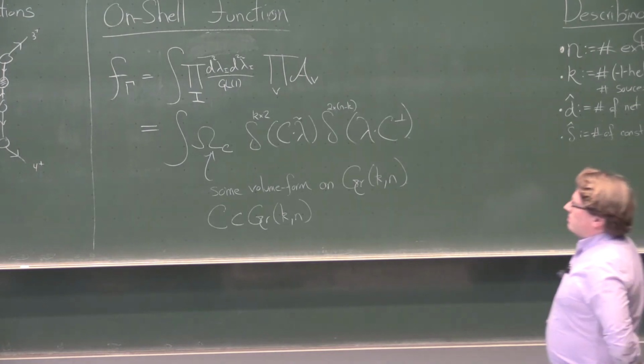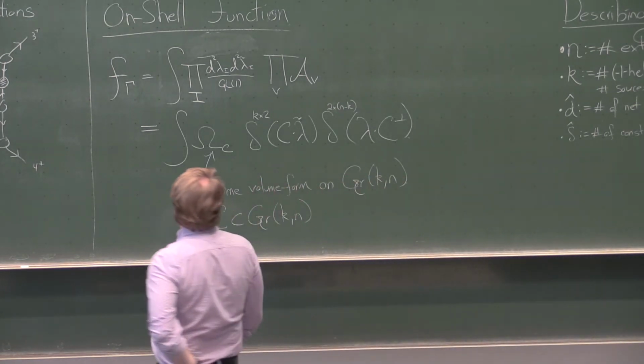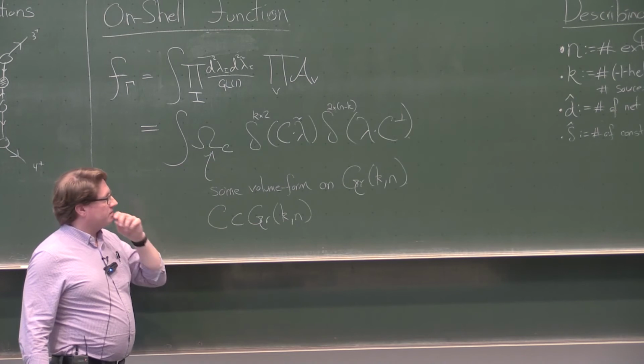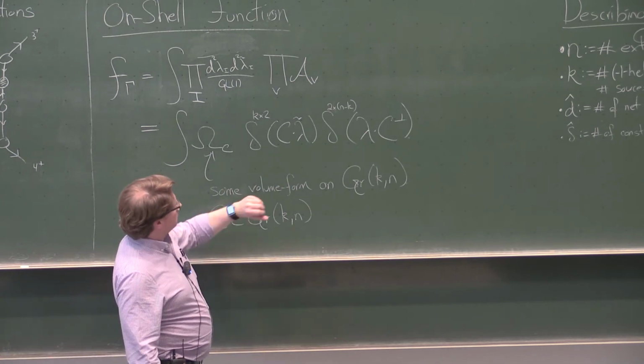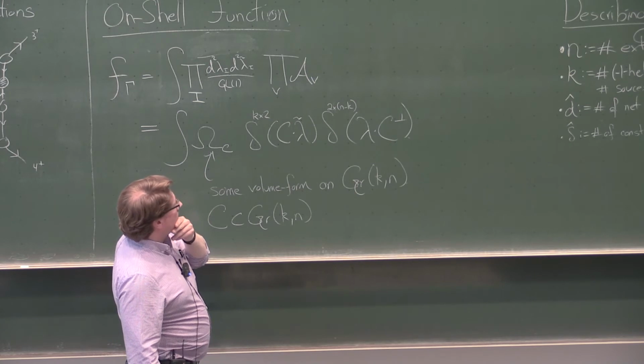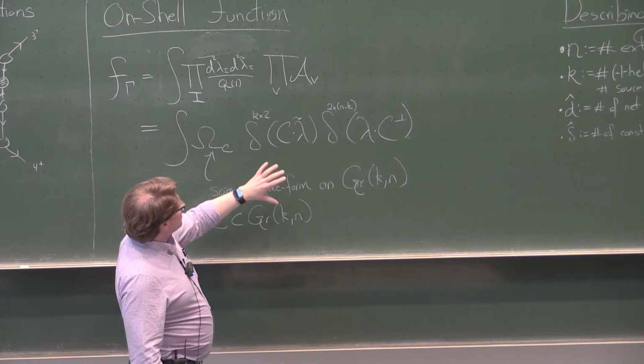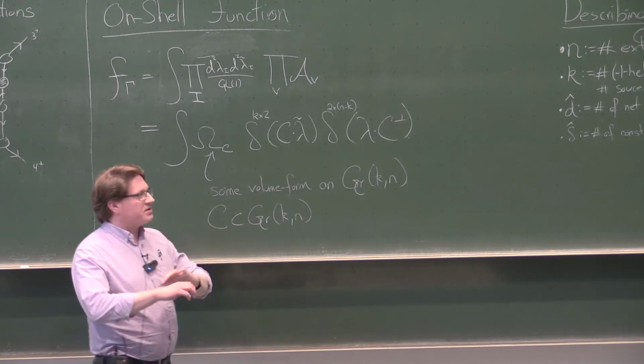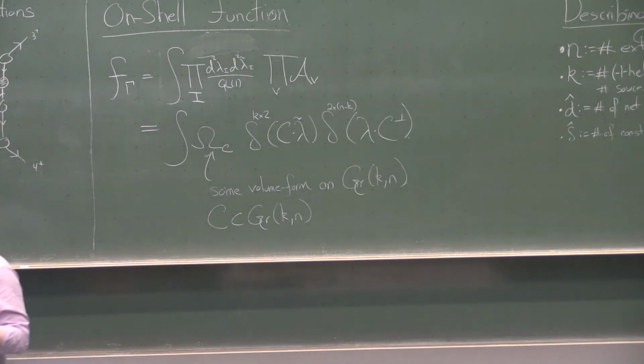In certain quantum field theories, these volume forms are very nice. We'll get back to that in a little bit. C here is just some auxiliary space. It's not the on-shell degrees of freedom, although it's kind of parameterizing it.